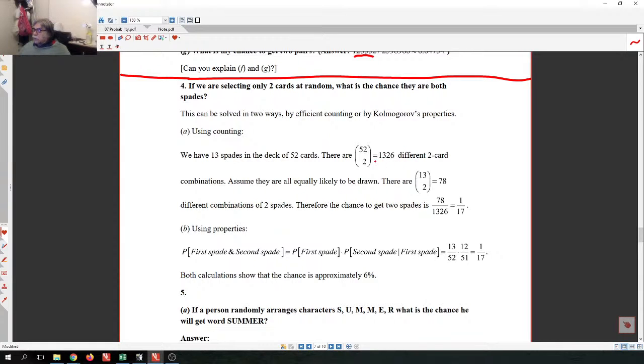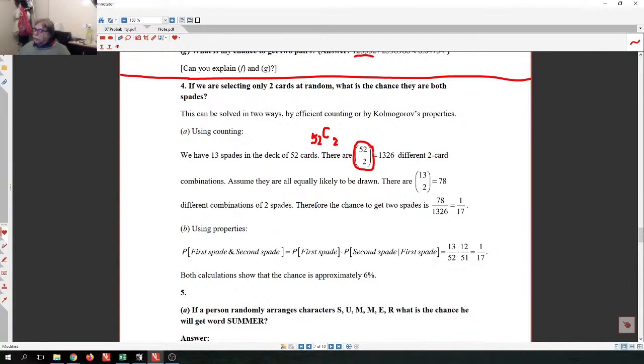So, you have 52 cards to select from, 2 to select. 1,326 different ways. This is a Newton binomial notation for the combination, right?